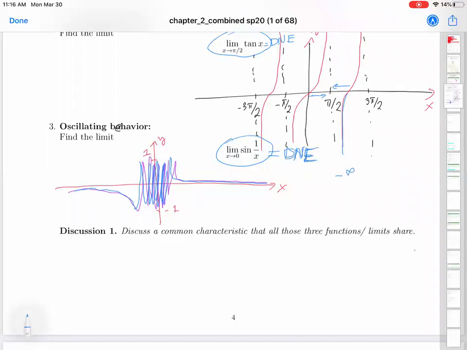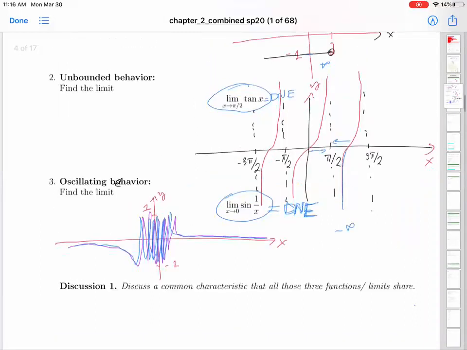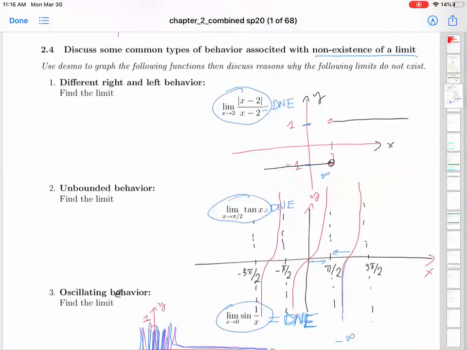All right, and if we look at these 3 examples, there's a common characteristic that these 3 examples share, which is that each of these functions has a denominator. So if your function is in the rational form, then the function will be undefined at some point where the denominator equals 0, right?